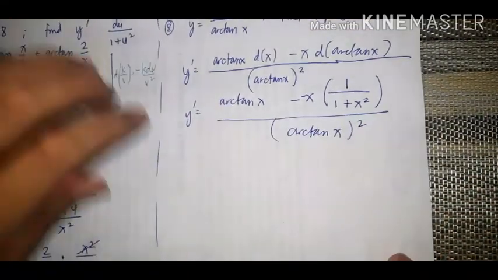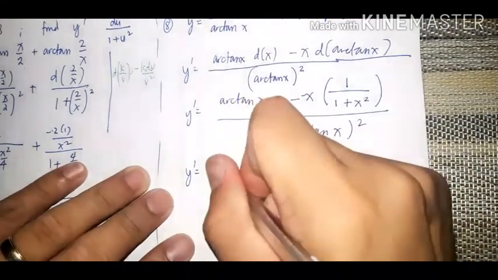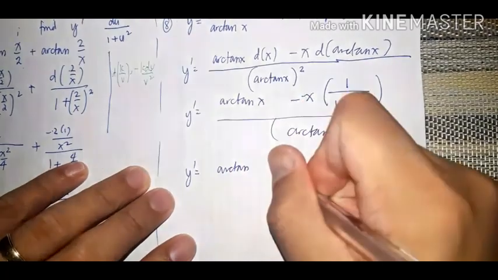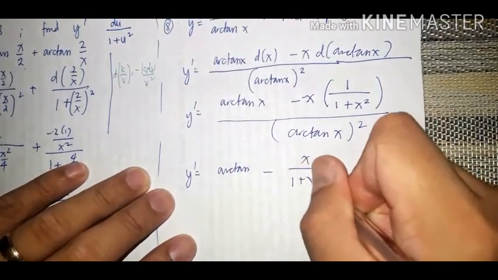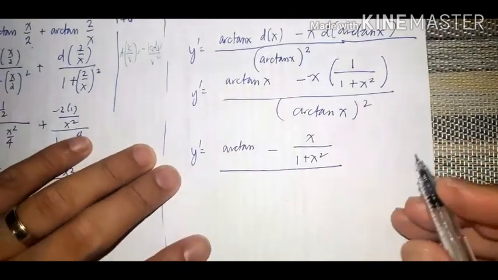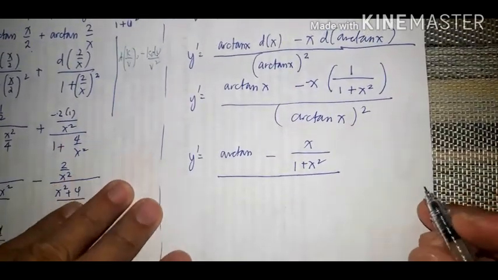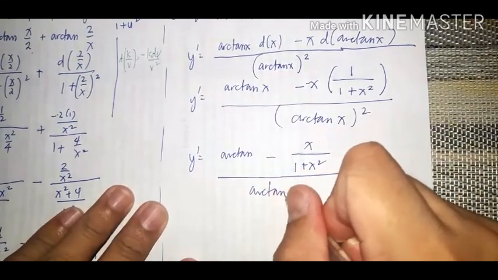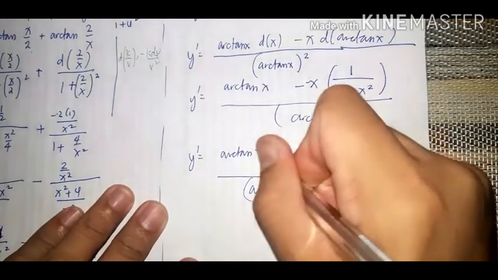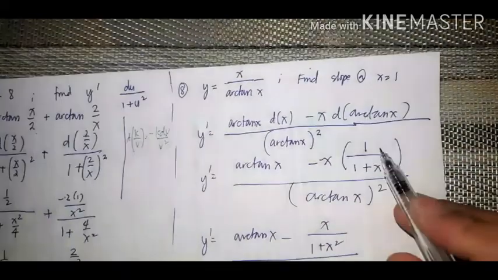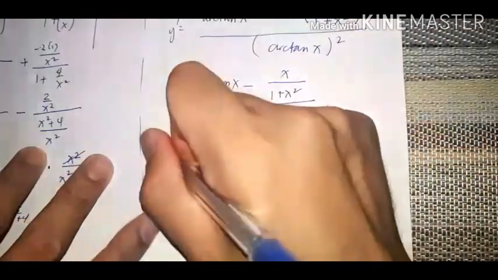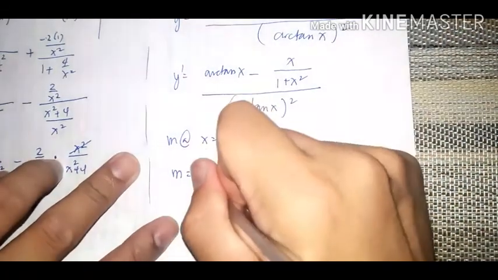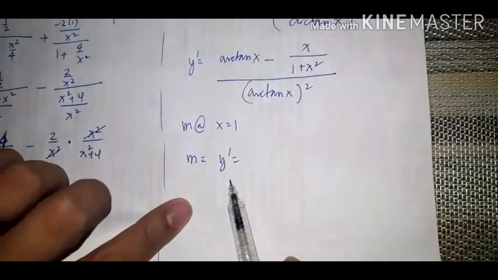So, pwede namang hindi na natin siya i-simplify, pero kasi ang constant naman ang sagot natin kasi isa-substitute natin yung value ng x na given over arctangent of x raised to the second power. So, di ba ang sabi, find the slope at x is equal to 1. So, the slope at x is equal to 1, m is y prime at that particular value.